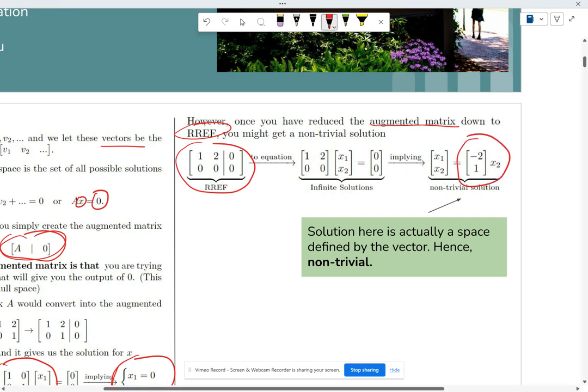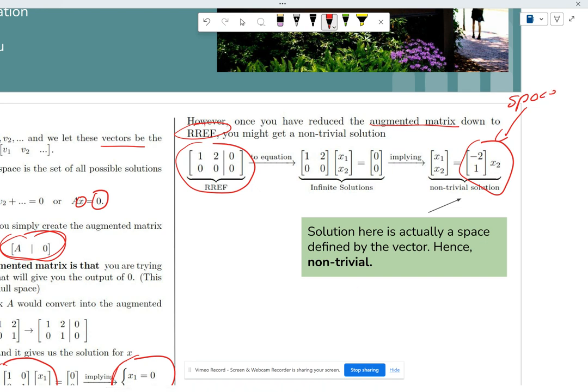From the last lecture, we talked about how a vector can define a space by multiplying by some constant. Here, you're saying that the null space is any number multiplied by this vector, so that creates a space, which happens to be the null space. And notice that the solution is not trivial.